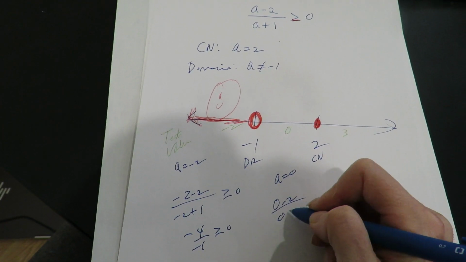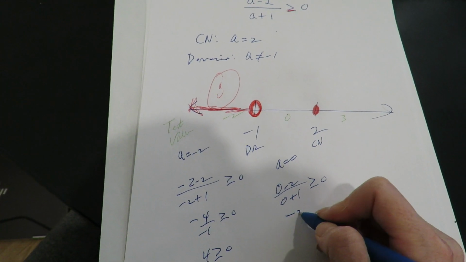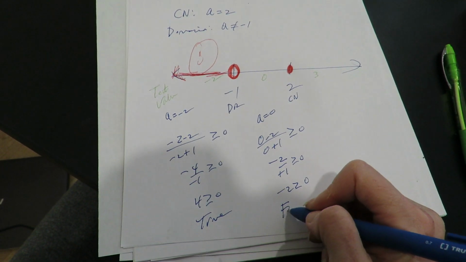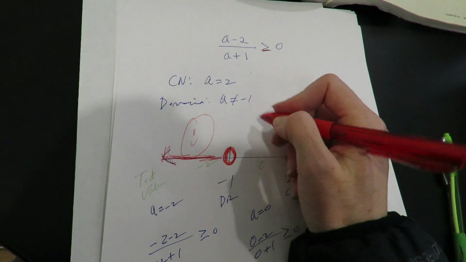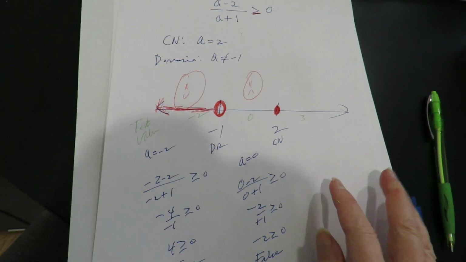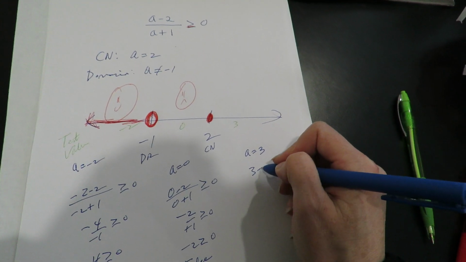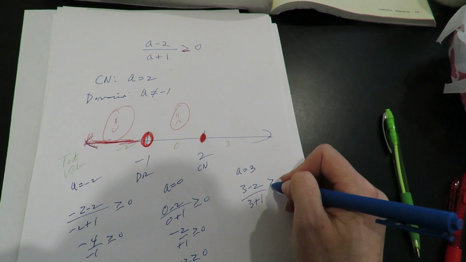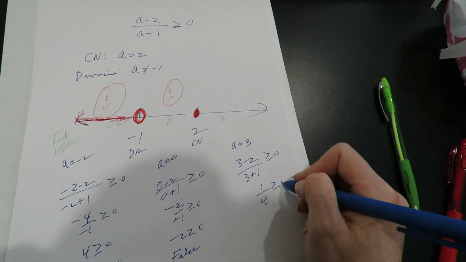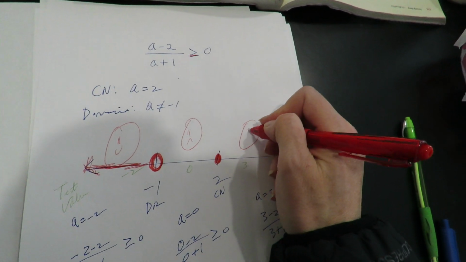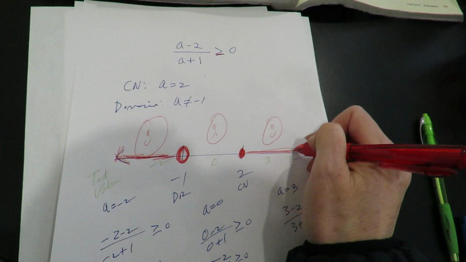0 minus 2 over 0 plus 1. That's negative, so that's going to be false. We got an unhappy dude here. And at 3, that's true. 1/4 is greater than 0, so that guy is true. This guy is good.